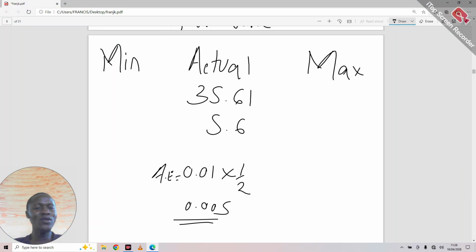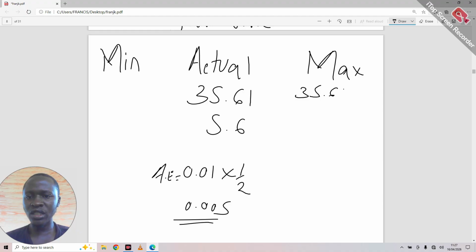But now we want to get the maximum and minimum. So let's get the maximum. I told you to get the maximum, you add. So you take 35.61 plus 0.005, which is our absolute error. So under maximum, for 35.61, we shall have 35.615.